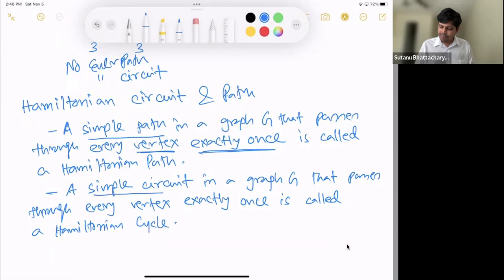So you need to find a simple circuit which will cover every vertex exactly once.